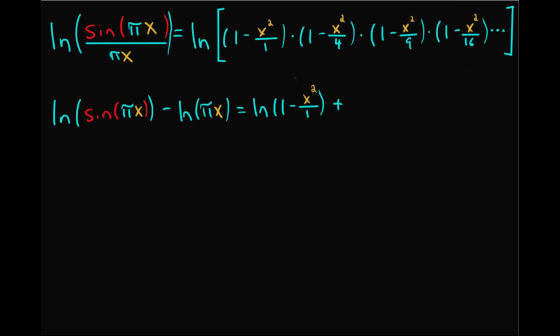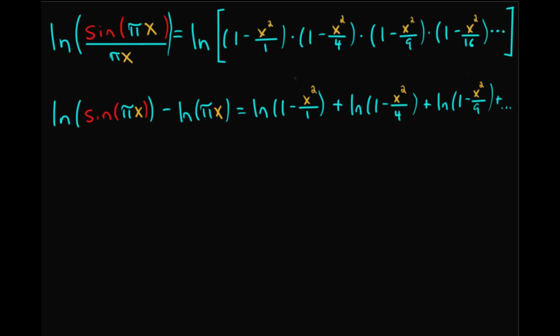So this will equal the natural logarithm of the quantity 1 minus x squared over 1 plus the natural logarithm of 1 minus x squared over 4, plus the natural logarithm of 1 minus x squared over 9, and so on.